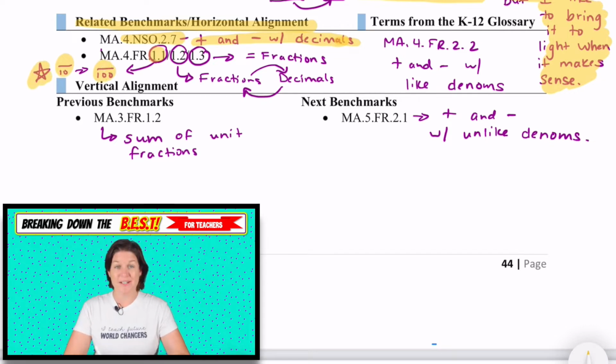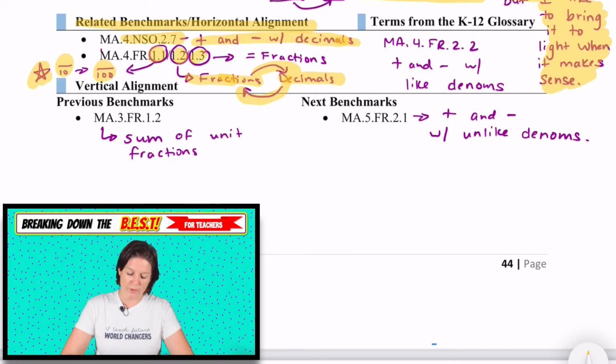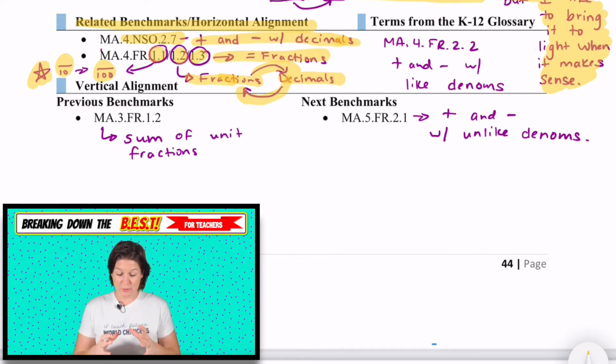I put a little star here because this one is the prerequisite to the standard we're talking about today. 1.2 talks about going from fractions to decimals and decimals to fractions, really working on those fractions with powers of 10, where we have tenths and hundredths that we can then show how we can go from tenths as a fraction into tenths as a decimal. And 1.3 is equivalent fractions. So really combining those three together is what we're doing today.